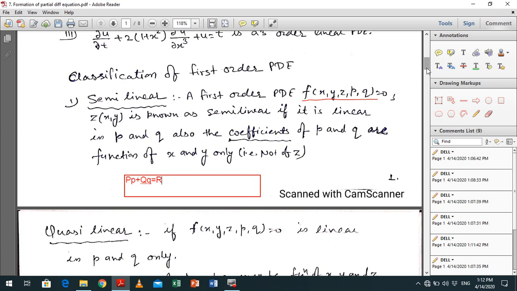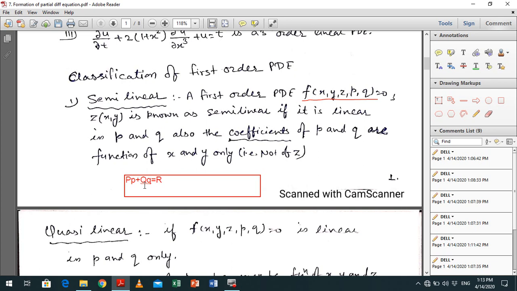So small p denotes del z upon del x, the first order partial derivative of z with respect to x, and small q represents del z upon del y, the first order partial derivative of z with respect to y. Here P, Q and R are some functions of x, y and z. So now we classify semi-linear, quasi-linear and linear on the basis of capital P, Q and R.